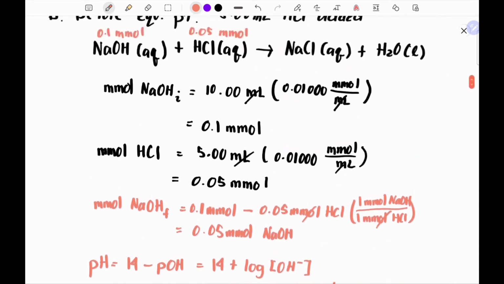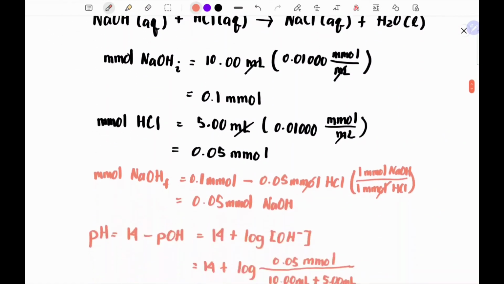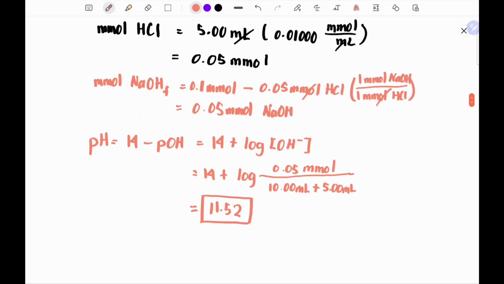Clearly, the pH has decreased from 12 to 11.52 since we added acid. Again, we expect a titration curve to start above 7, then rise steeply during the equivalence point, and then finally peter off to the acidic region beyond the equivalence point.